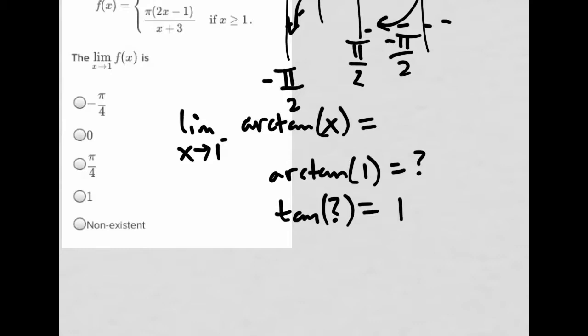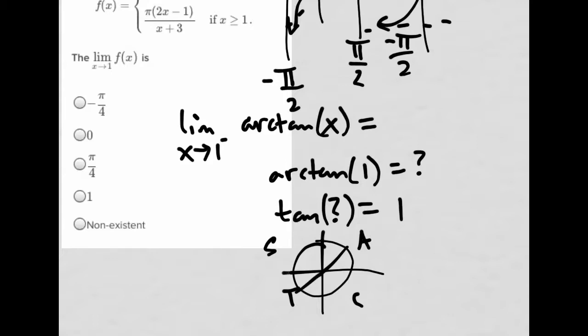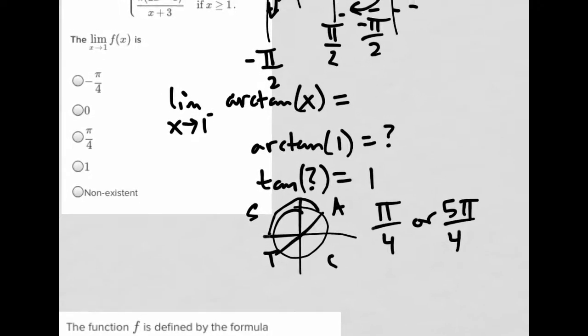On the unit circle, that would be pi over 4. All students take calculus, right? And tangent is positive here, so this would be a positive 1 there. So what is that? 1 pi over 4, 2 pi over 4, 3 pi over 4, 4 pi over 4, 5 pi over 4. So pi over 4 or 5 pi over 4. So that's how we solve that.